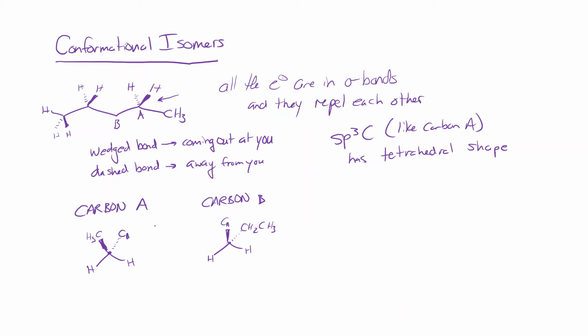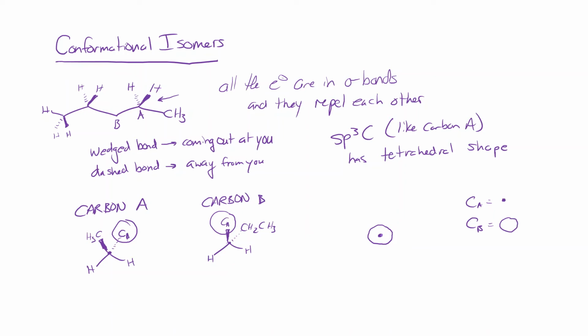And what's interesting is that carbon A and carbon B are connected to each other, right? Here's carbon B attached to carbon A, here's carbon A attached to carbon B. So if we look at these two in this way, we're going to plop carbon A right on top of carbon B. So I'm going to put carbon A right here, and I'm going to put carbon B behind it. Carbon A is the dot, carbon B is the circle.